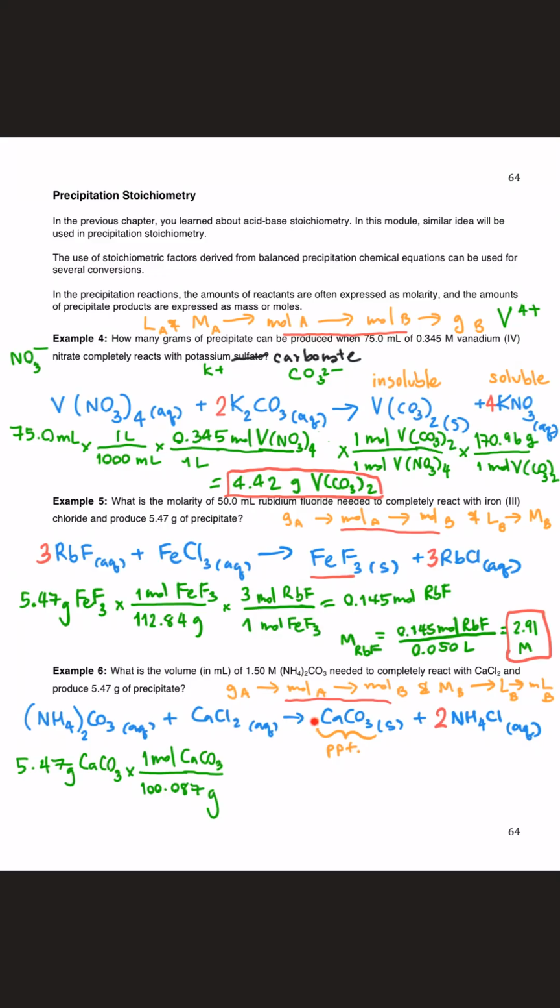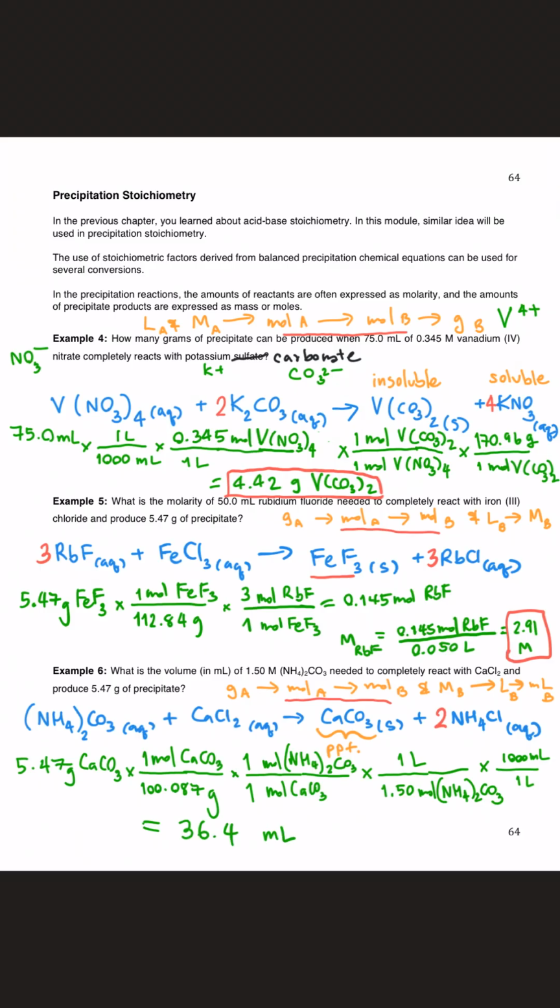Then use the mole ratio between calcium carbonate and ammonium carbonate to convert to mole of ammonium carbonate. Next, use the molarity of ammonium carbonate to convert from mole into liter of ammonium carbonate, and then convert that into milliliter. You will get the volume of ammonium carbonate required to react with calcium chloride equal to 36.4 milliliter.